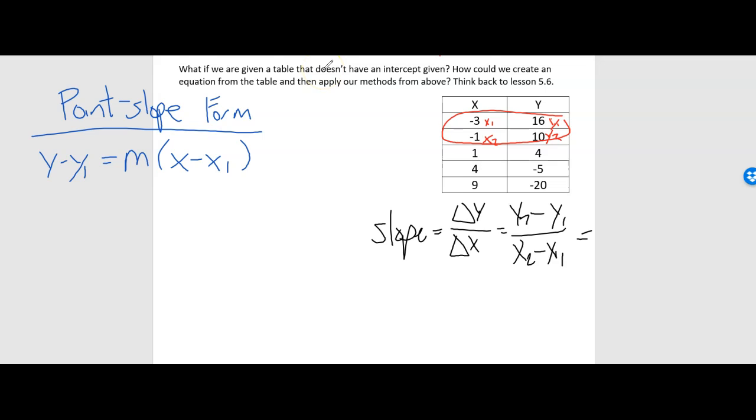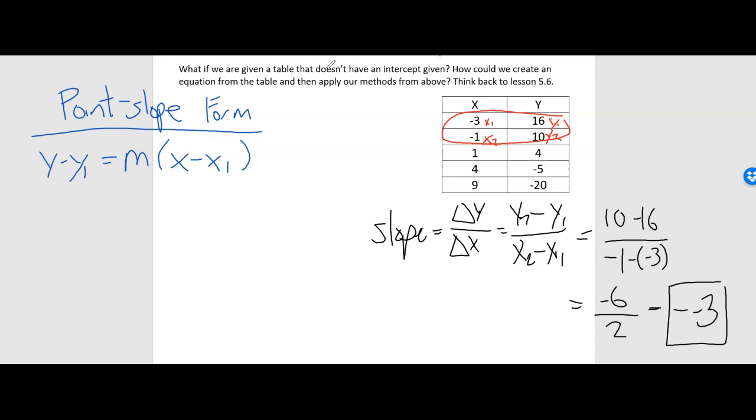If I substitute those in, my y2 is 10 minus my y1, which is 16, all over negative 1 minus negative 3. Make sure you see that those are double negatives. So I get negative 6 all over positive 2. Negative 1 plus 3 would be positive 2, which gives me a slope of negative 3.